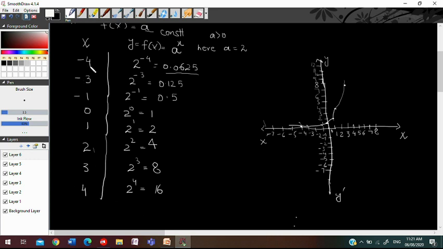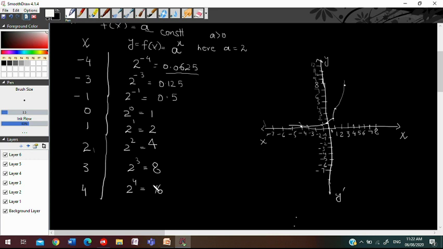When you have -4 on the x-axis, you have 0.0625 on the y-axis. When you have -3 on the x-axis, on the y-axis you have the point 0.125. Similarly, you can obtain these different values, and when you join these dots with each other, you get a shape, and this shape is your graph.